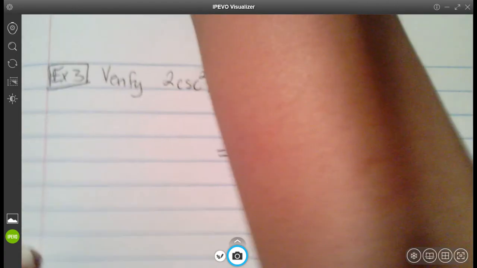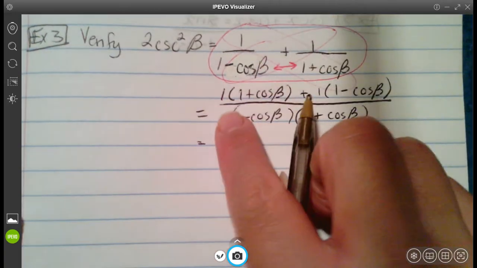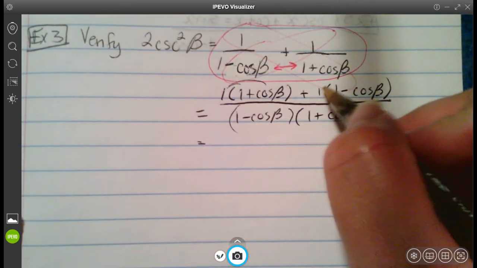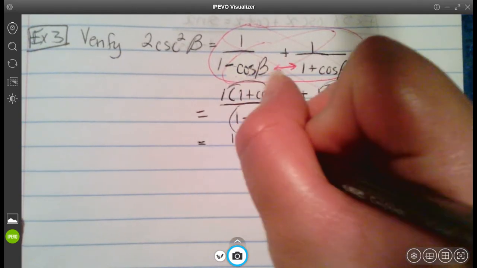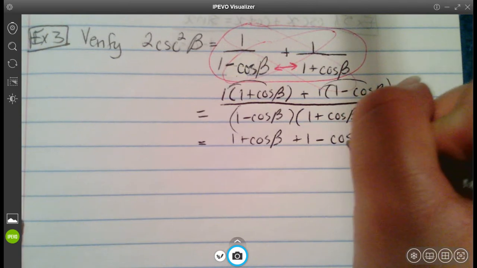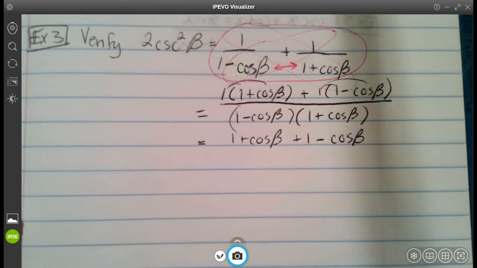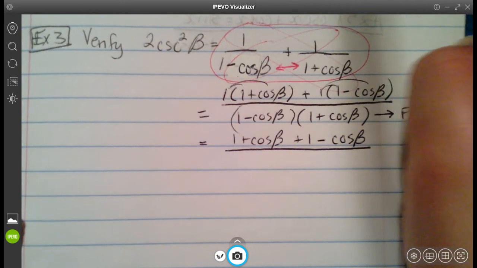So on the next part, we're going to simplify all this. So if I distribute my 1 to both of these, I get 1 plus cosine beta plus 1 minus cosine beta, okay, all over, here we're going to FOIL.